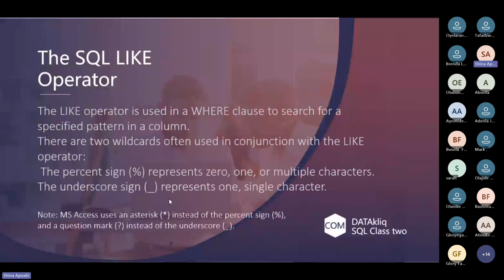Now, you can see from here, it says like operator is used in a where clause to search and filter some specific pattern in a column. I've seen people, this is a very common task.